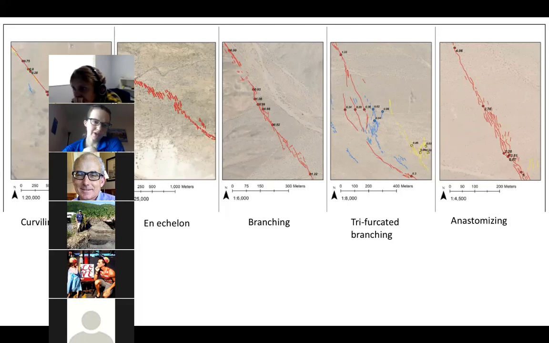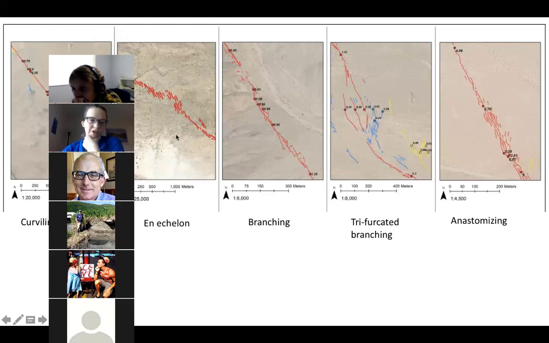So this first one is probably the most obvious case, where you see a single through-going fault that's curvilinear in some segments and relatively straight in others. In this case, it's probably fairly easy for us all to agree that this main fault here is the principal fault.